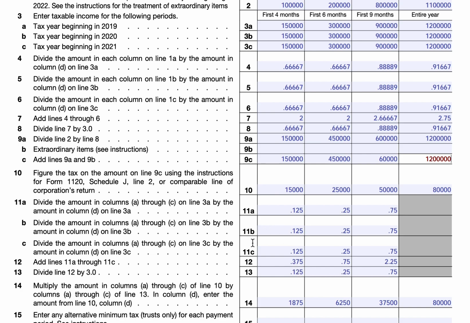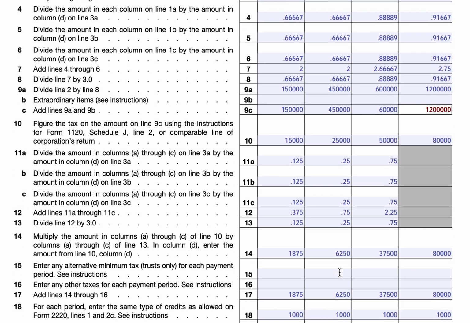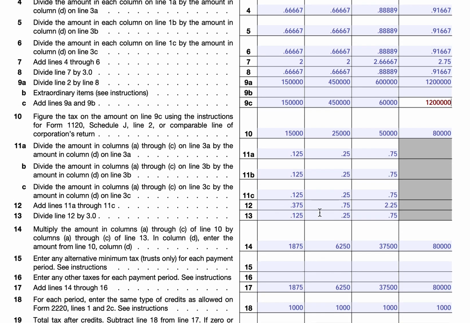So in reality, all of these will be different figures. You're actually going to have to add them up, average them, based on real calculations. Once you have the average across the board, you're going to multiply the line 10 amount by the respective column number for line 13.